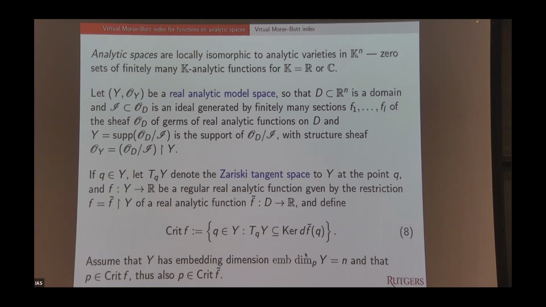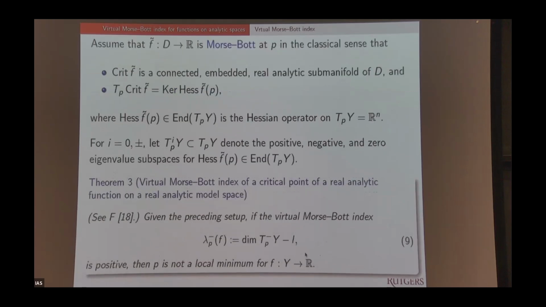So I threw in an assumption here that Y has a so-called invariant dimension, which is equal to the dimension of the ambient Euclidean space. And that means that if we have a critical point P of F, it's also a critical point of F tilde, at least under that assumption. So next, we're going to assume that F tilde is Morse-Bott in the classical sense.